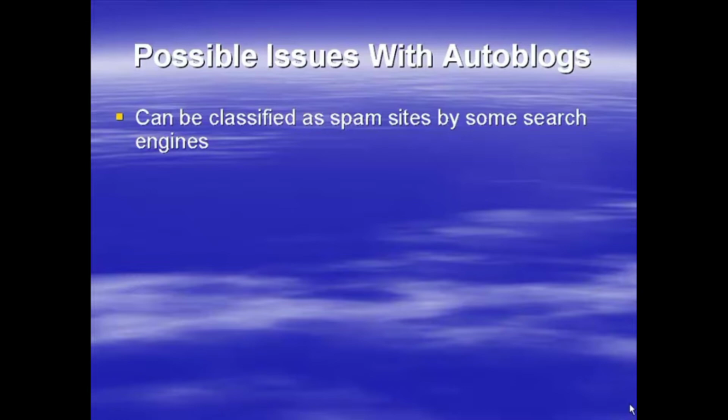Their businesses were destroyed because they just focused on creating these mass generated sites, using scraped content. So whilst auto blogs are good, take steps to make sure they don't get classified as spam sites, and also create other sites as well so that it's not your only stream of income. It's never a good idea in business to have all your eggs in one basket.